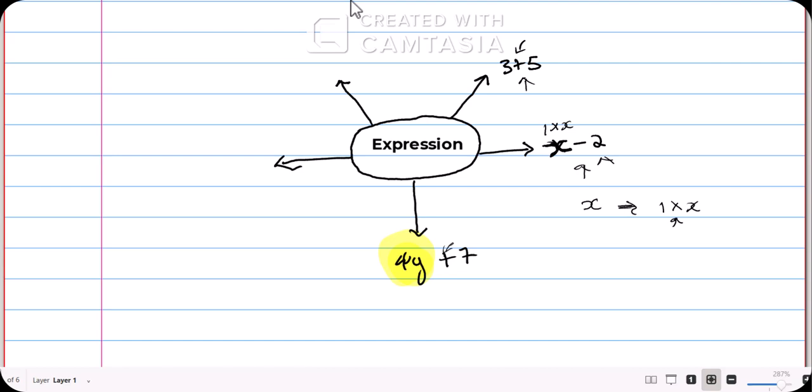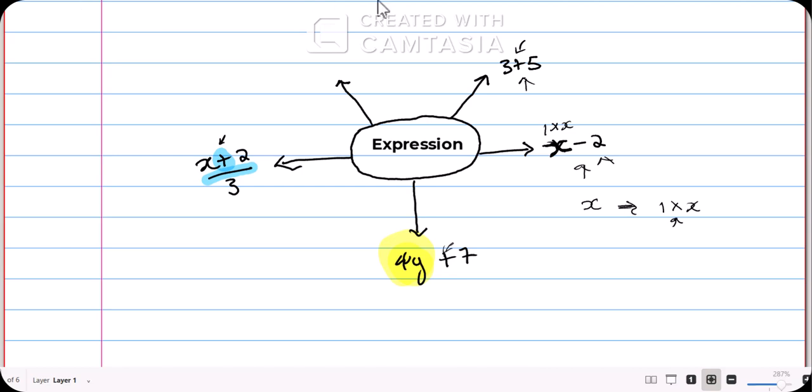Let's go to the other example. Let's consider this one as x plus 2 divided by 3. So this is x plus 2 divided by 3. How many operators do we have there? We have two operators. We have the addition operator and this division operator here.